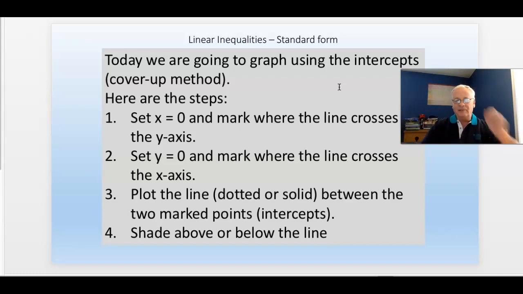Now you have 2 points. Then plot the line between those 2 points. And remember, you have to look and see, is it dotted or is it solid? Then you shade above or below the line. And guys, sometimes in standard form, that's a little hard to determine.